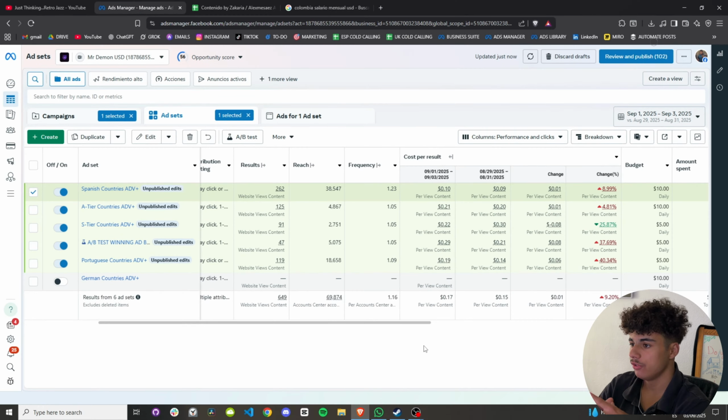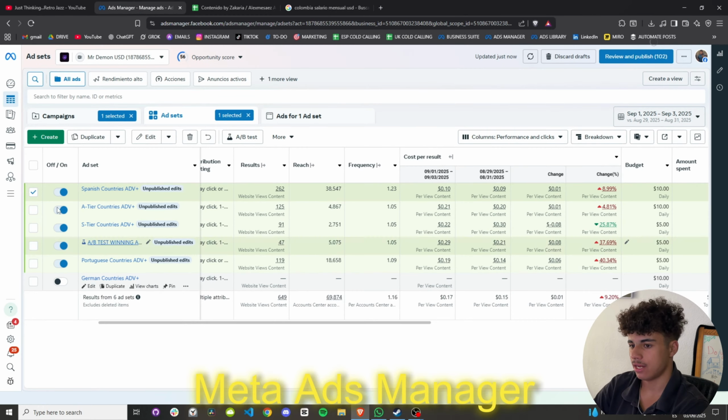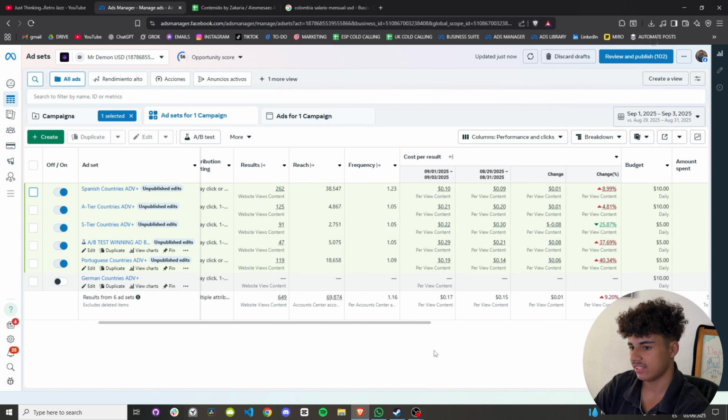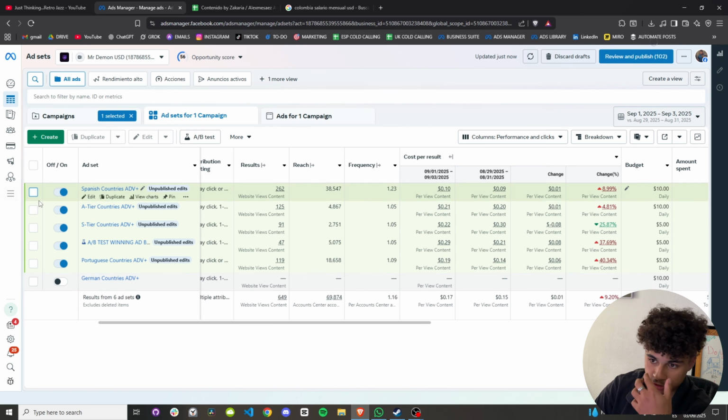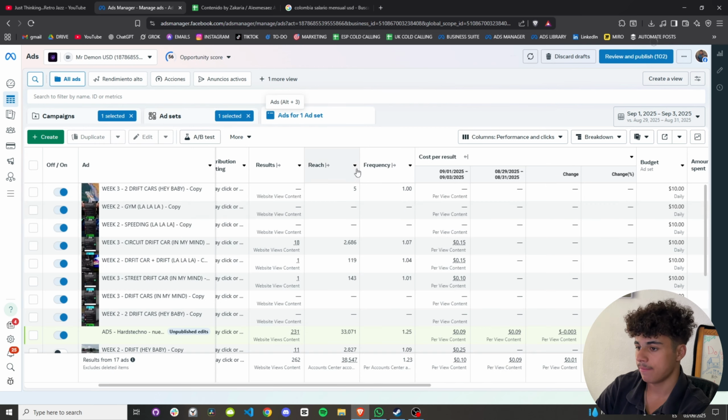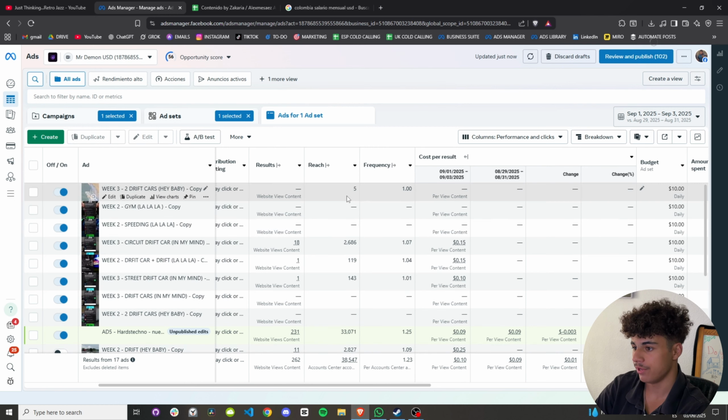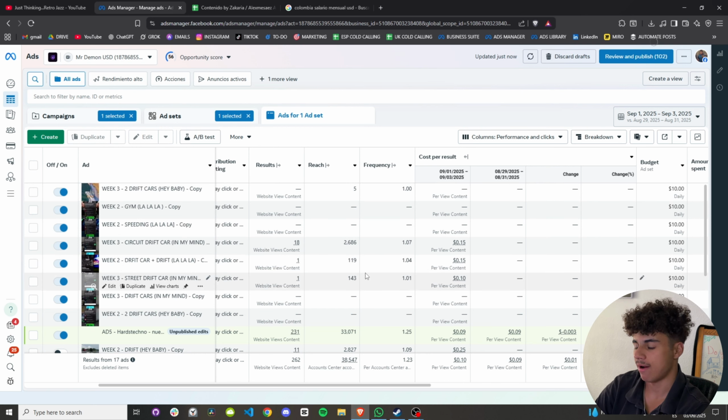Okay, so right now we look at the Meta Ads Manager, and as we can see, we have different ad sets. And what we are going to do is the following. We're gonna go into one of the ad sets, and you see we have a lot of creatives in here, a lot of ads. We can see that 1, 2, 3, 4, 5 of them are now being tested, and 2 of them are being tested on a really low volume.